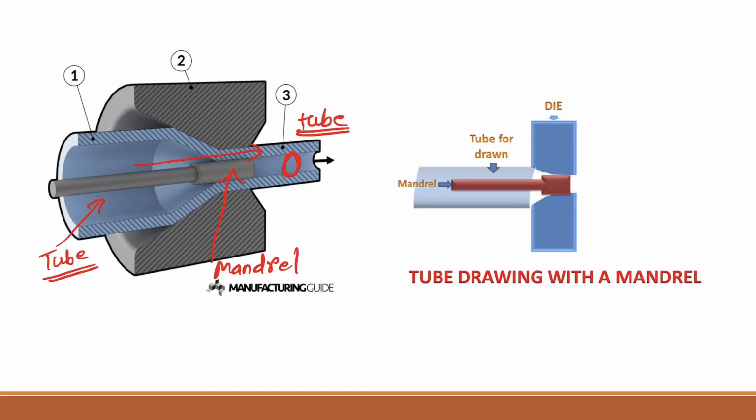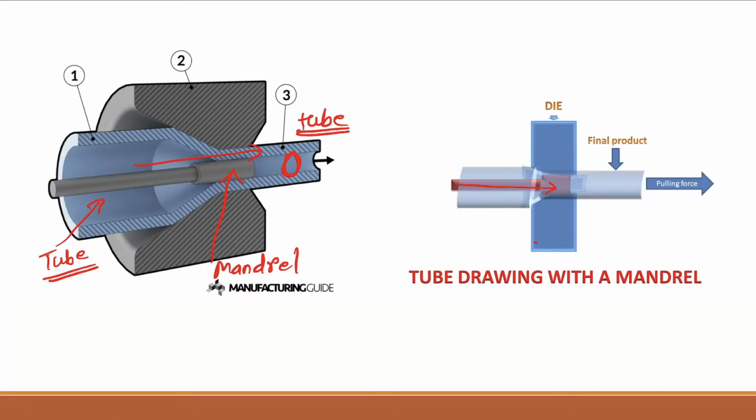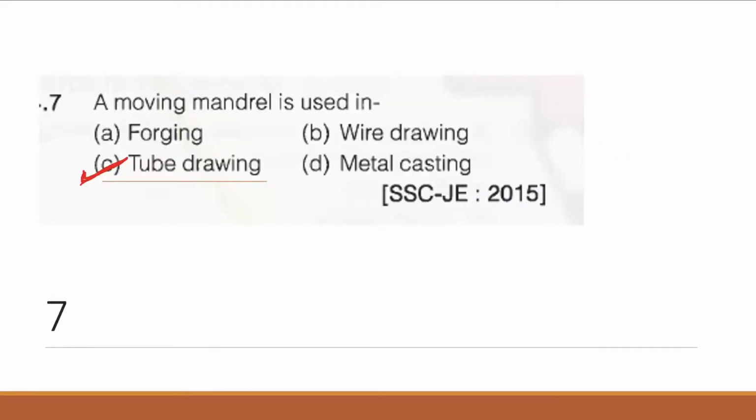It is used for tube production. Now here you can see how this mandrel is used to obtain a tube, right? This is the tube that we obtain from tube drawing with mandrel. So the correct answer is tube drawing. A moving mandrel is used in tube drawing operation.